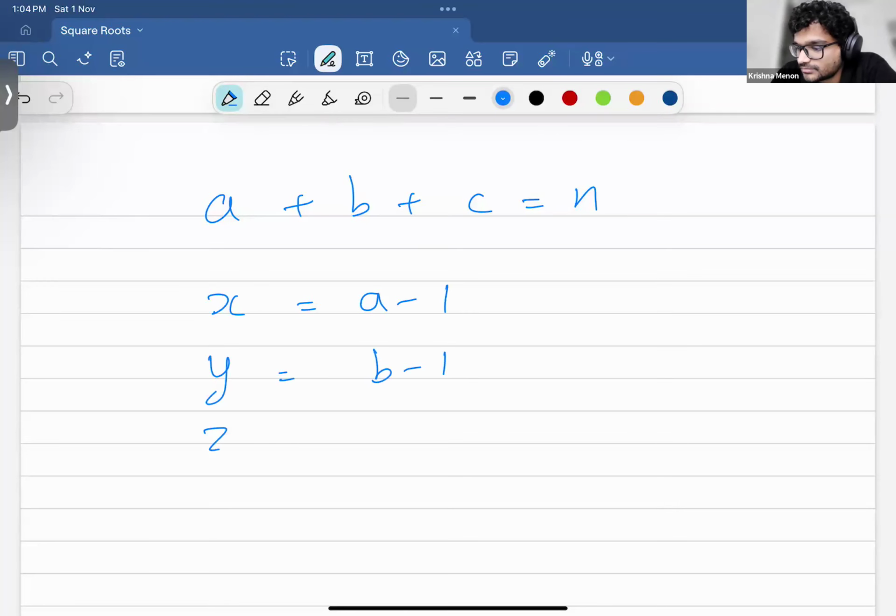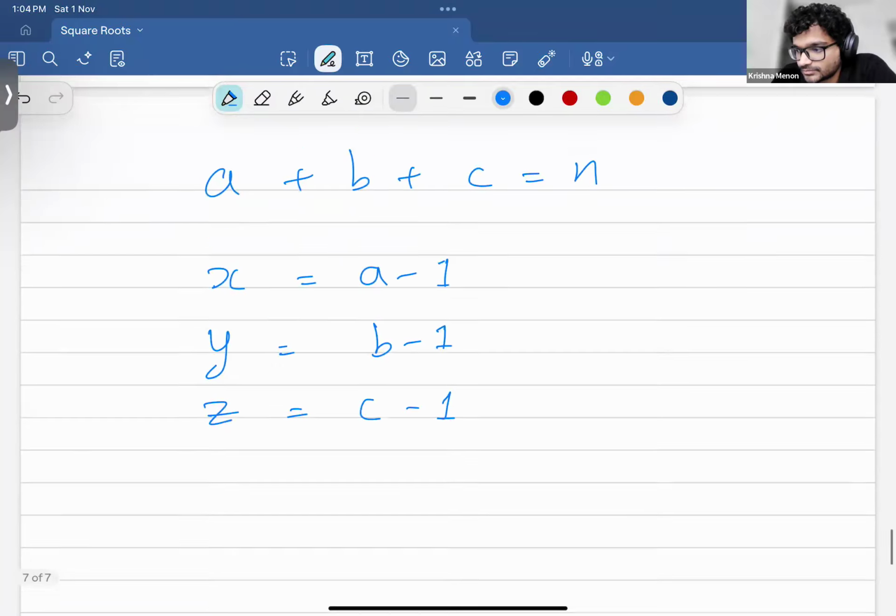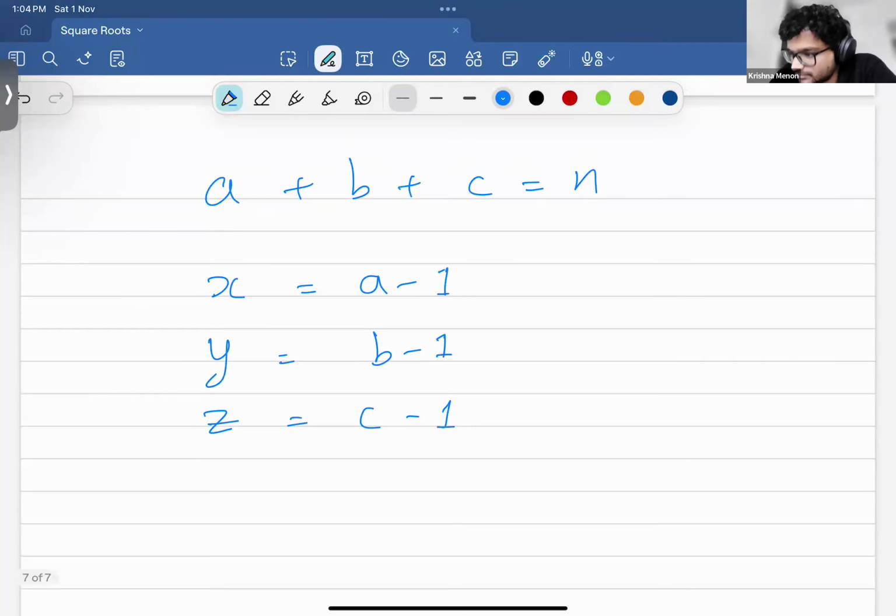Is it okay, sir? Continue. So now a minus 1 is greater than or equal to 0, b minus 1 is greater than or equal to 0, and c minus 1 is also greater than or equal to 0. So a, b, c are each greater than or equal to 1.